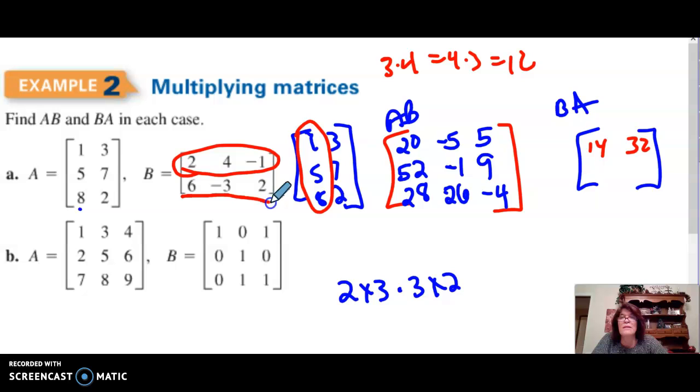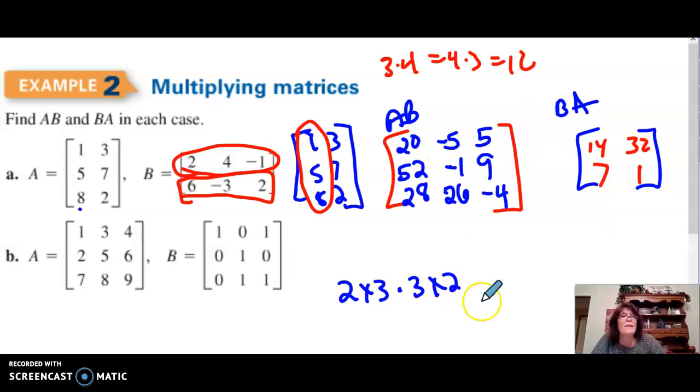Now I move to this row, 6 plus negative 15 plus 16 is 7. And the last spot, 18 plus negative 21, it's negative 3 plus 4.